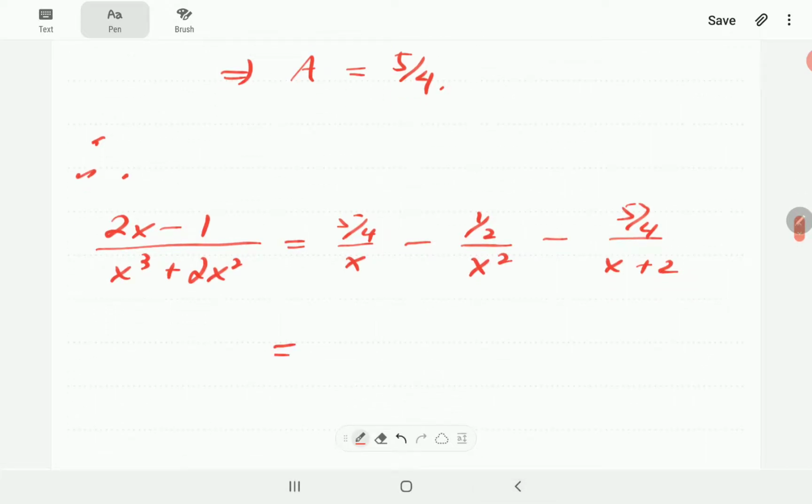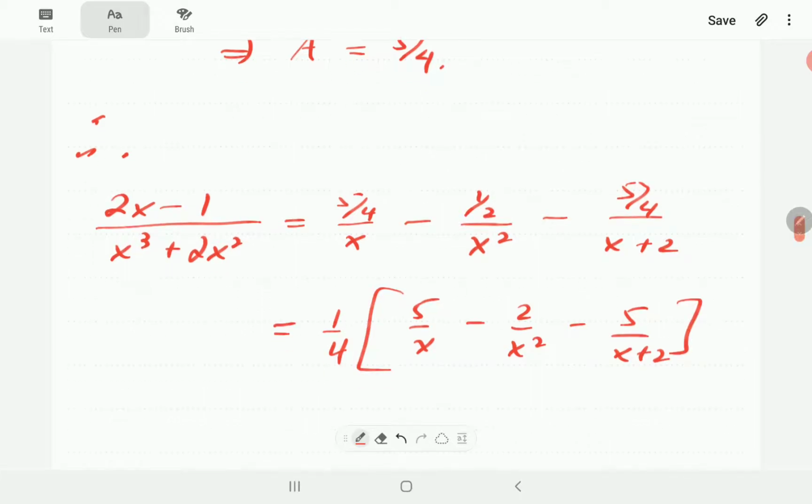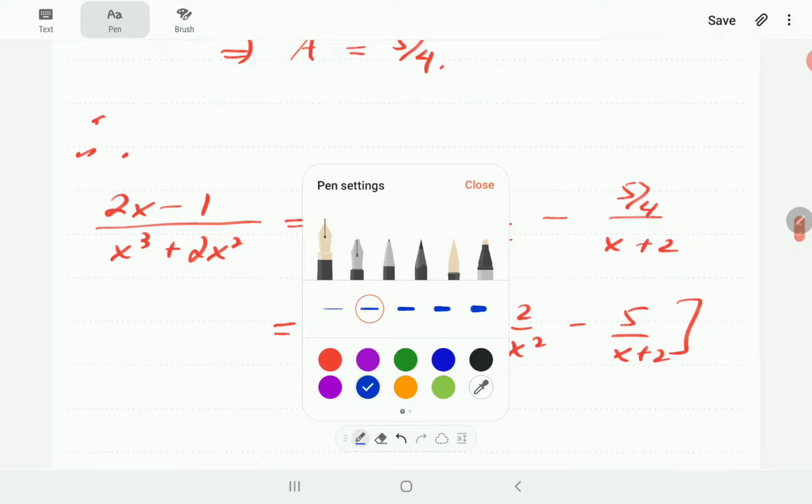There's a common factor of 1 over 4. So if we take that one outside, then this is just going to be 5 over x minus 2 over x squared minus 5 over x plus 2. Right, so that sorts out that example.